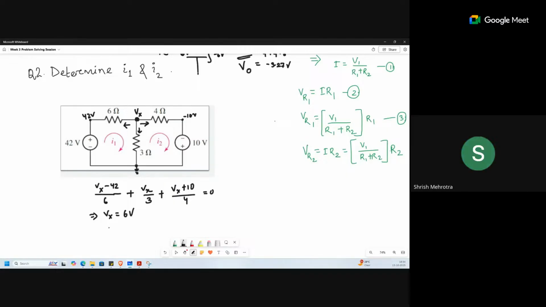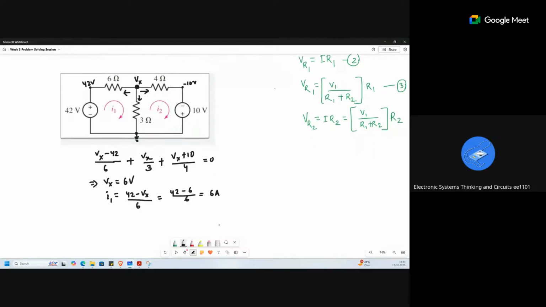For I1, I find (42 minus Vx) upon 6. Very good. How much are you getting? 42 minus 6 over 6, so 6 amperes. Good. Then next, I2. For I2, (Vx plus 10) upon 4.